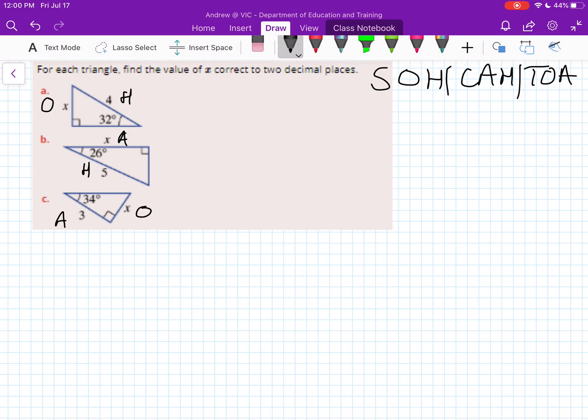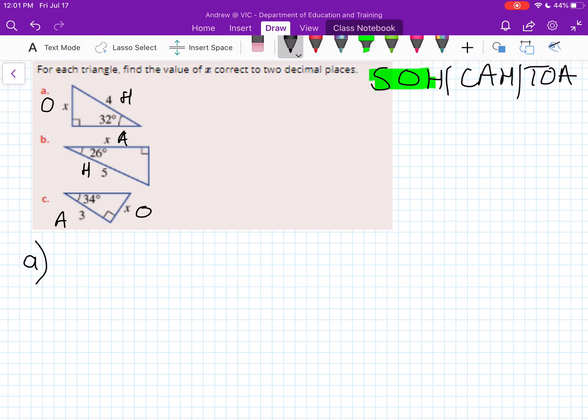Now we need to set up these. So I'll do these one by one. We'll go through A first. For A, we have opposite and hypotenuse, so that means that we are going to be using sine. Okay, so we need to set up our trigonometric ratio.